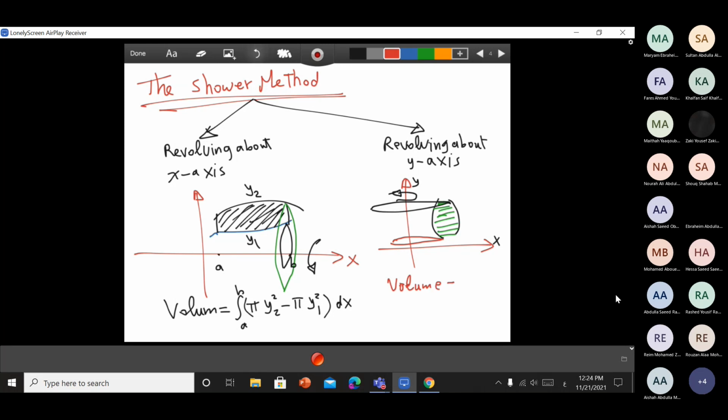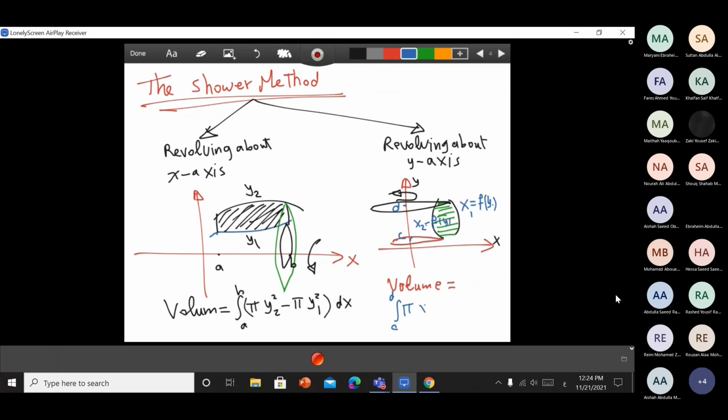Equal to, as we said, the integration, let's see, y from C to D of pi, yes, you should have the outside function, which is x as a function of y. So call it x1. And the inside one, we call it x2, as a function of y also.